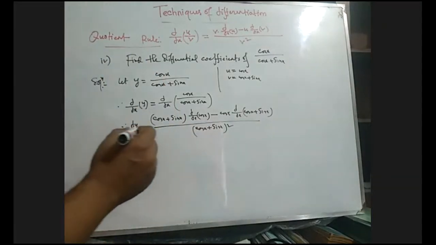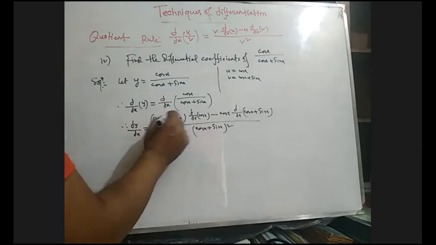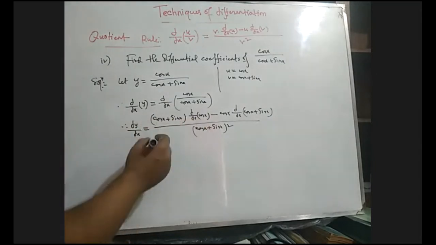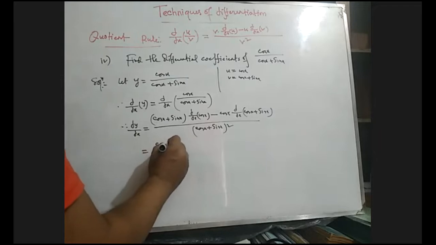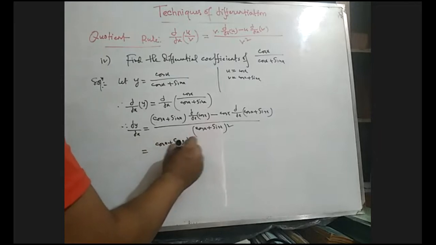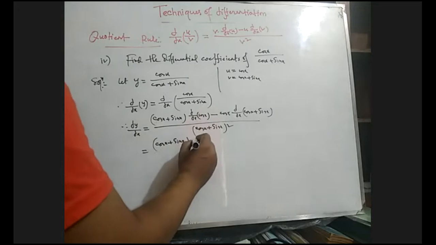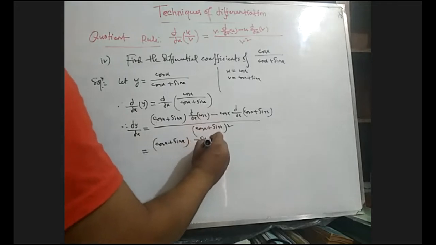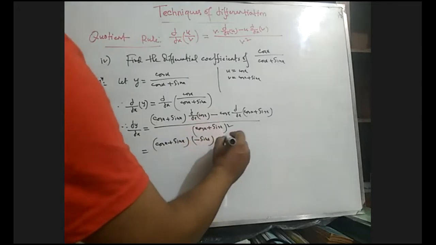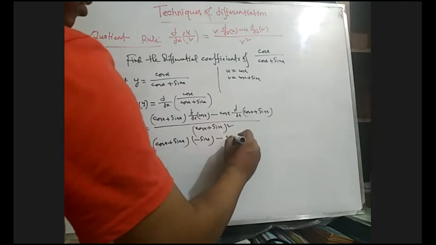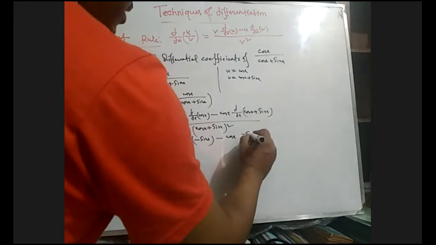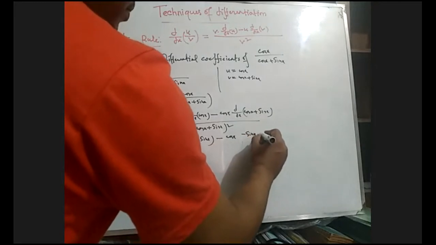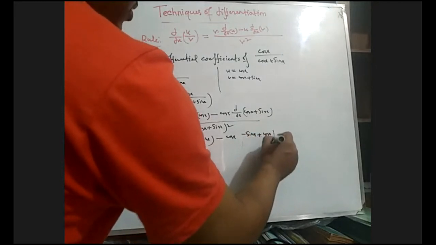Okay. So cos x plus sin x. Cos x differentiation what? Minus sin x, from the formula chart. Cos x into cos x differentiation minus sin x, plus sin x differentiation what? Cos x.